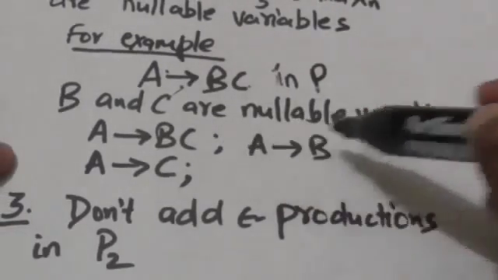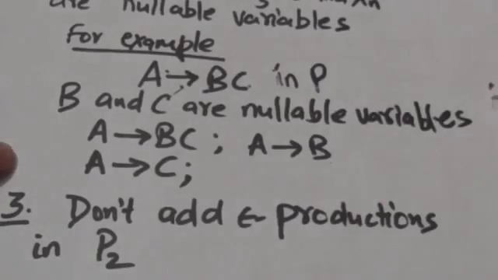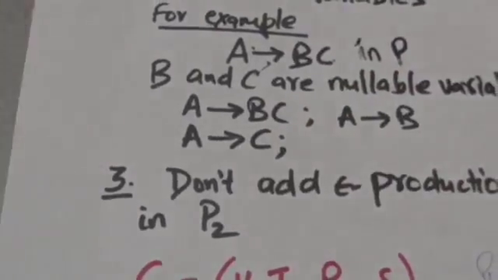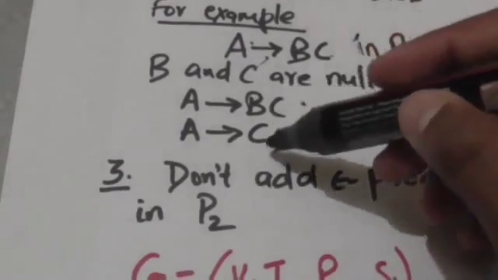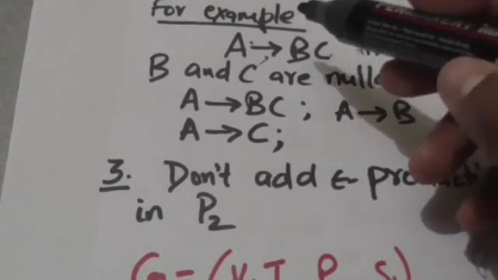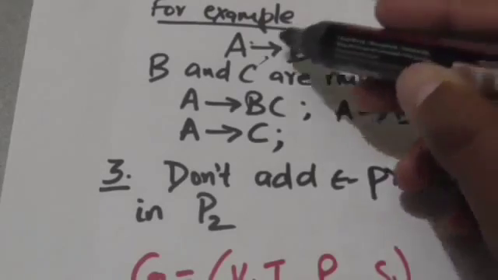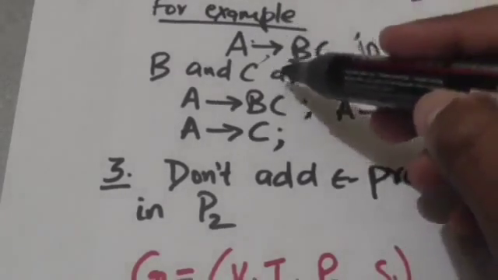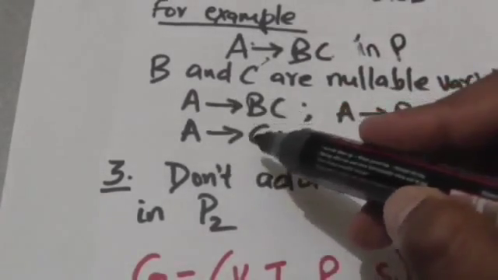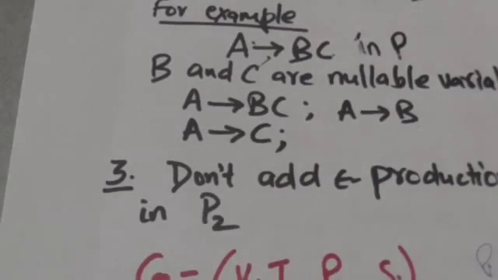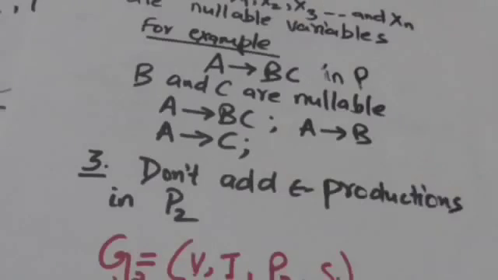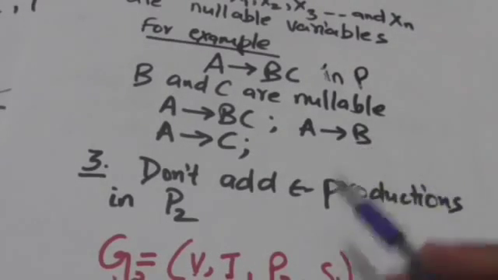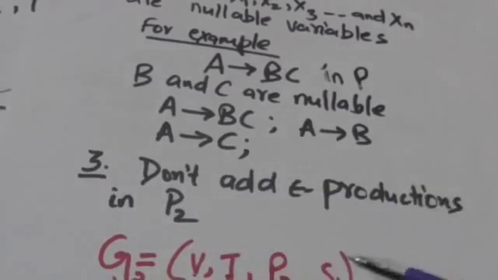So this production A derives B will also be added to set P2. Now see this production A derives C. It is obtained by removing the nullable variable B from the right hand side of the production A derives BC. So this production A derives C will also be added to set P2. Don't add any empty production of set P in set P2.